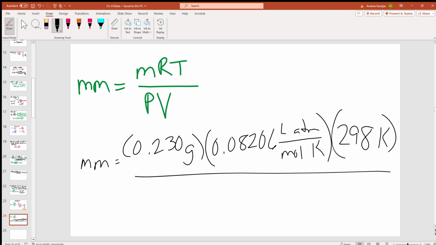Now, volume was given to us as 125 milliliters. We can convert that into liters.